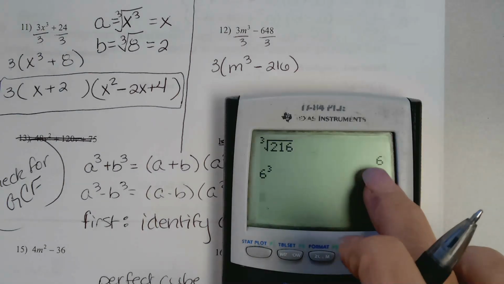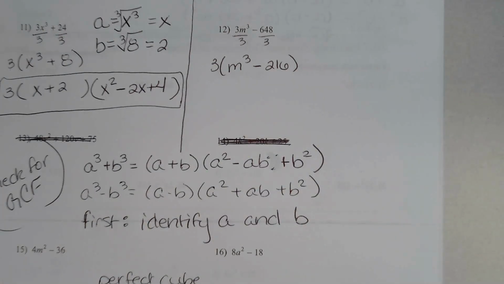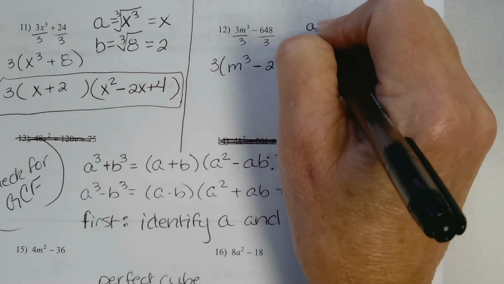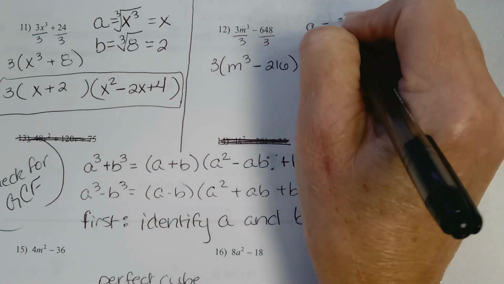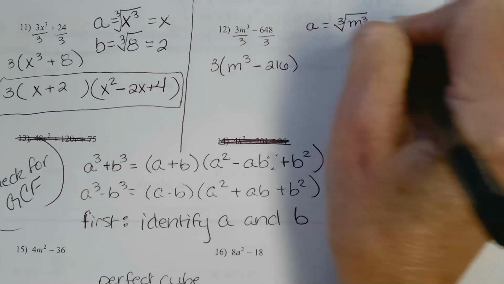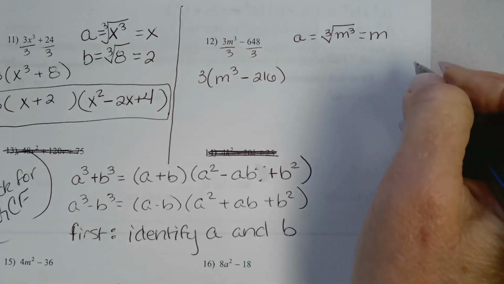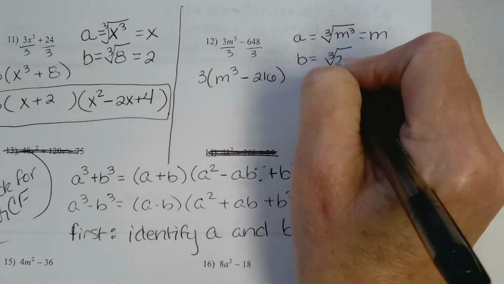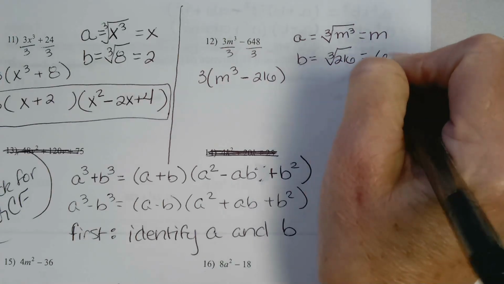So our cube root is 6. All right, so now we've got our a value is the cube root of m to the third, which is m, and our b value is the cube root of 216, which is 6.